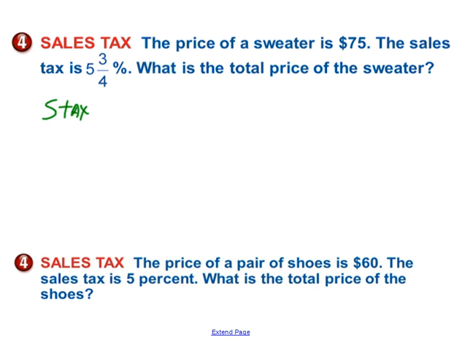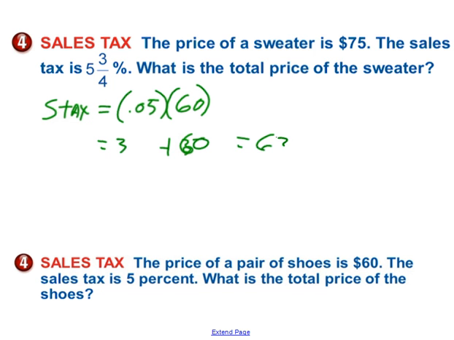All right. And I'm going to say that is equal to the percent, which is 0.05, times the whole object, which was $60. So I can do that math on my calculator, and I can find out that it's $3. So the total price would be 3 plus the 60, which would be $63.